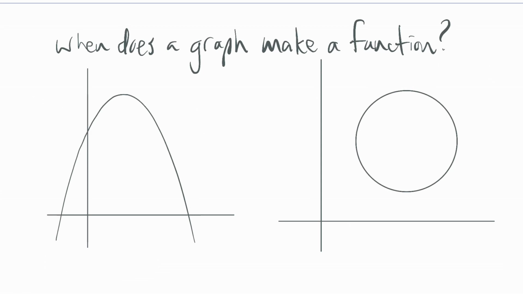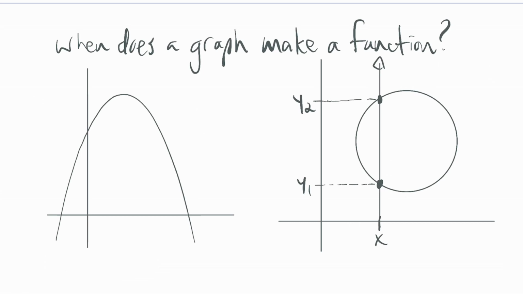If I mark out this input value, this x-coordinate, so x equals whatever, I don't have numbers attached, and I look up at the graph, at where the y-coordinates are that correspond to this x-coordinate, there are two outputs, y1 and y2, two y-coordinates that go with that x-coordinate, that input.